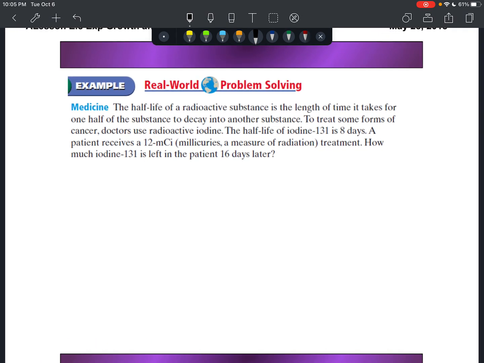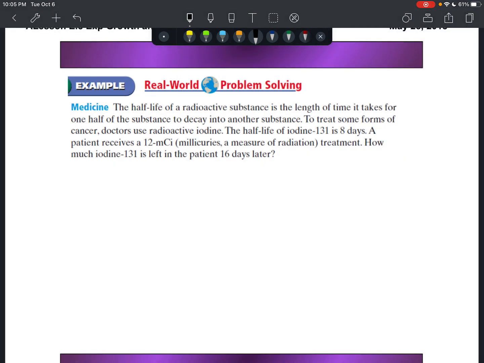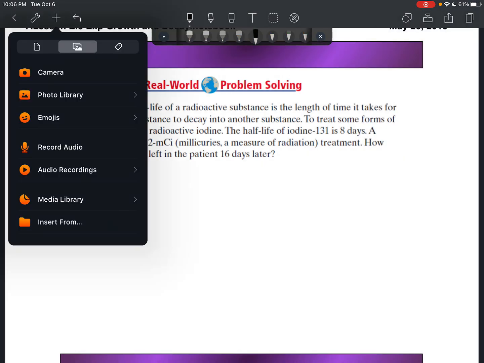So the half-life of a radioactive substance is the length of time it takes for 1/2 of the substance to decay. So what's going to go in parentheses is the amount that's going to remain. So think about when we were at the copier and we were reducing to 90%.